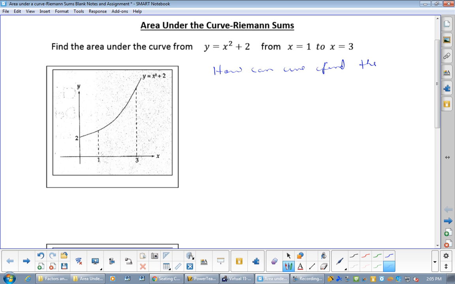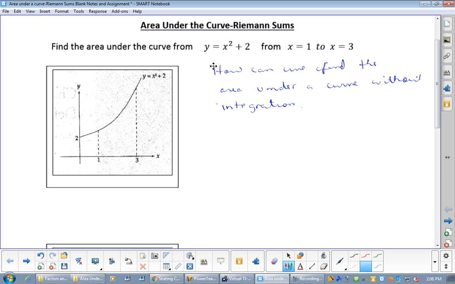how can we find the area under a curve without integration? A few ways.